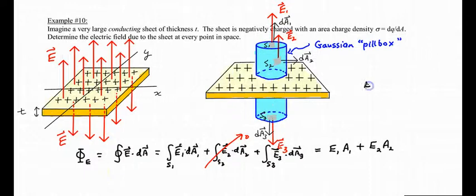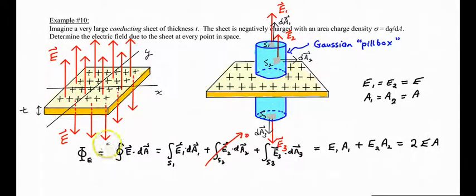But remember, the electric field remains constant everywhere, so E1 and E3 are really equal to just E. And also the area of our cylinder on the top cap is the same as the area on the bottom cap, so we'll just call that area A. So in the end, you're going to get 2EA as the total flux from this Gaussian pillbox.